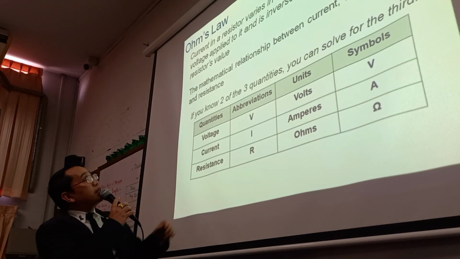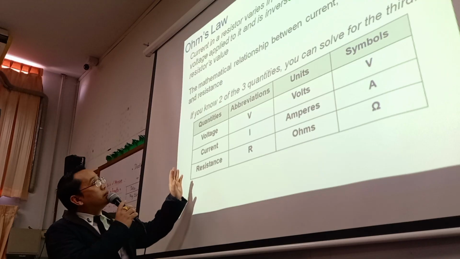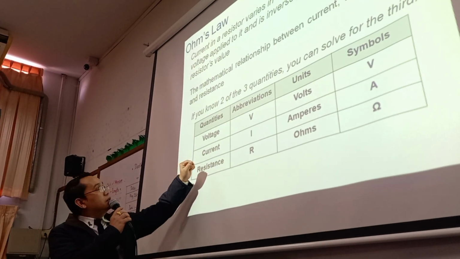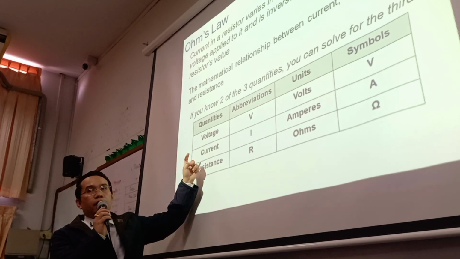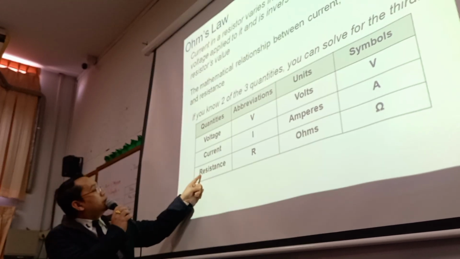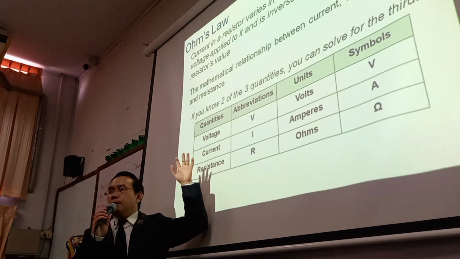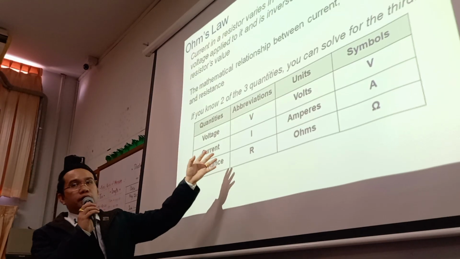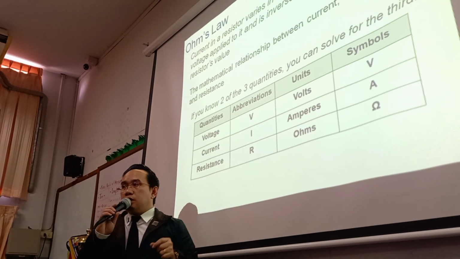So it is the mathematical relationship between current, voltage, and resistance. Take note of three important quantities again: voltage, current, and resistance. All those three quantities are very helpful for us to understand how electricity works in a component.